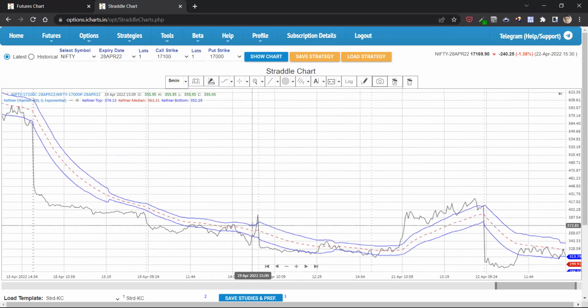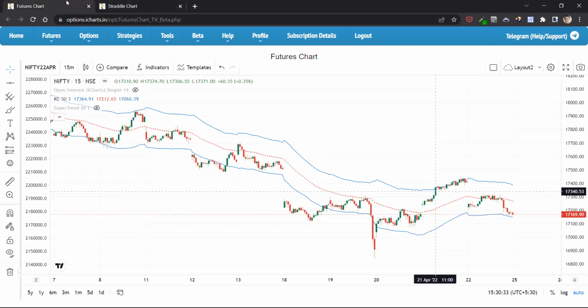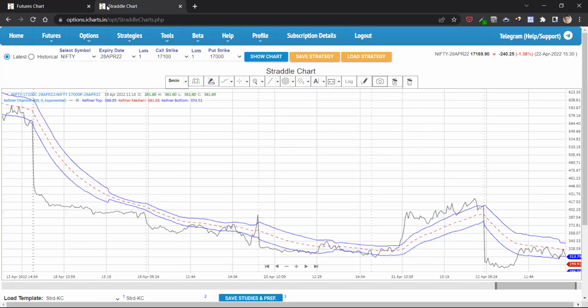And then next day it was just trending down, down, down, all the way down. The next point of adjustment was here. 21st at 11 o'clock was here. This bar started at 11, so we were at around 315.